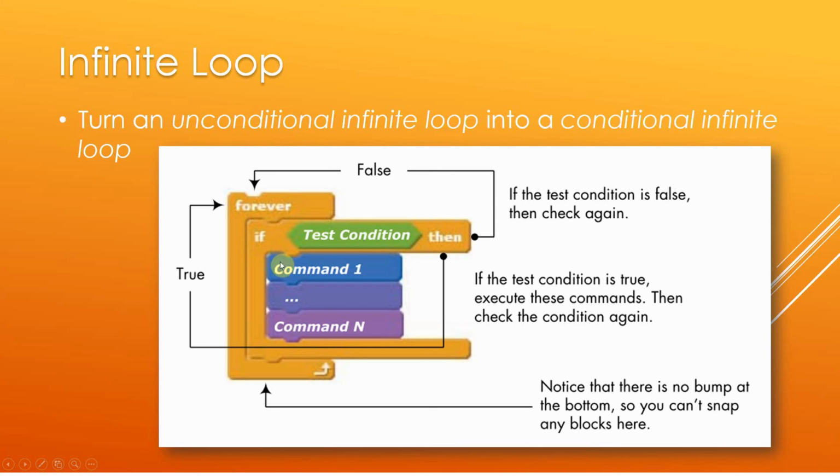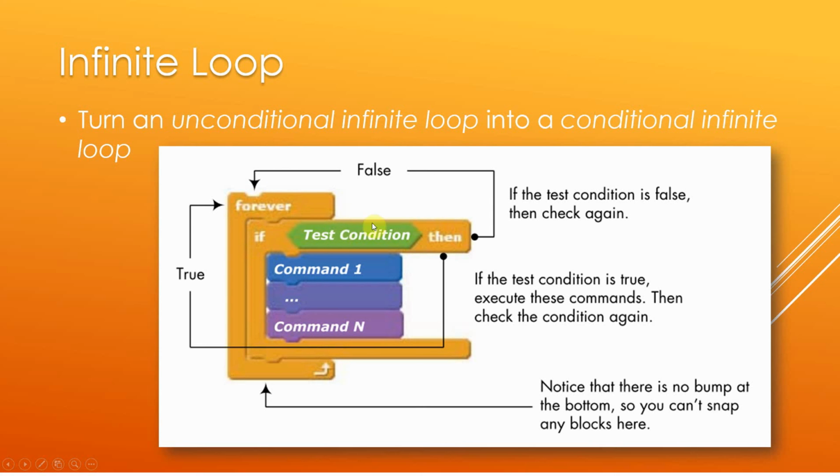So to do that, we put in an if-then block with a test condition. Only if the test condition is true will the commands inside the if-then block be executed. This is called turning an unconditional infinite loop, unconditional because it doesn't have any condition here, into a conditional infinite loop. So it still runs forever, but the code here only runs if this test condition is true.